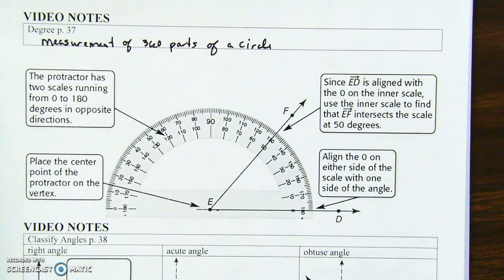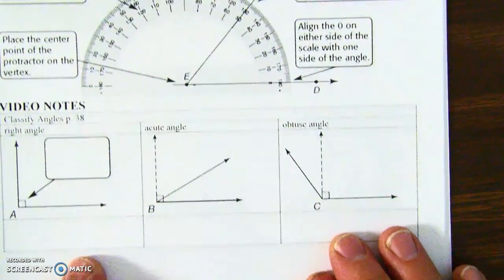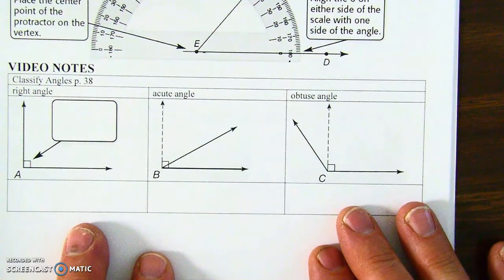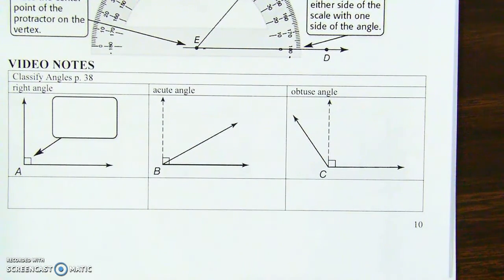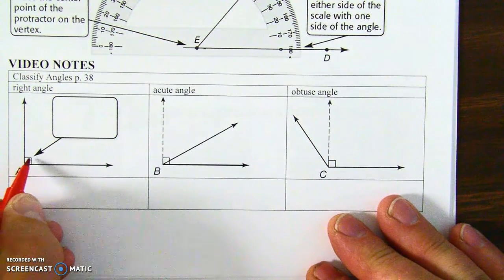Okay, now we have three types of angles that we're going to specifically identify within geometry. So let's move down. Here's our three: a right angle, an acute angle, and an obtuse angle. Now notice a right angle. There's a symbol here that I've highlighted in red.